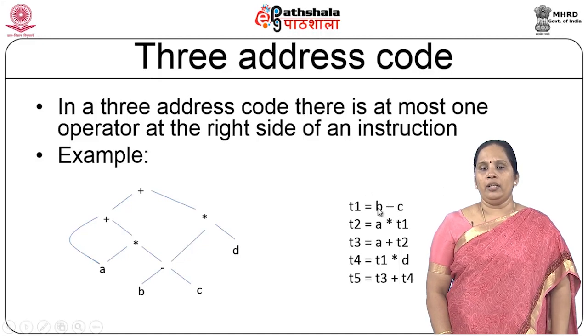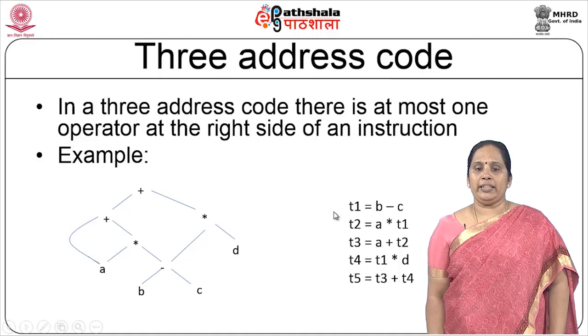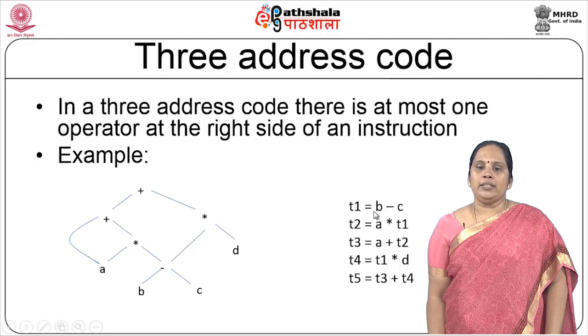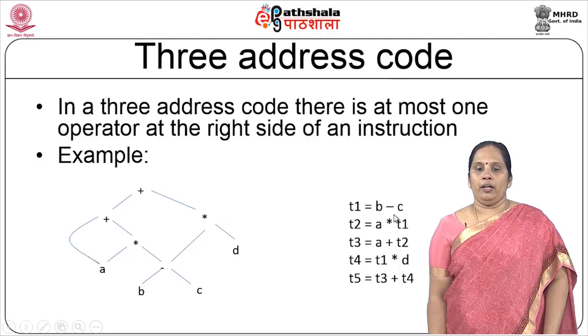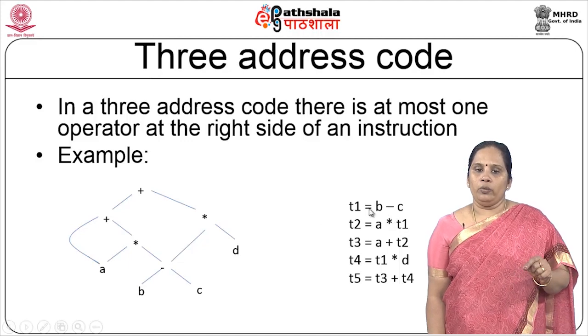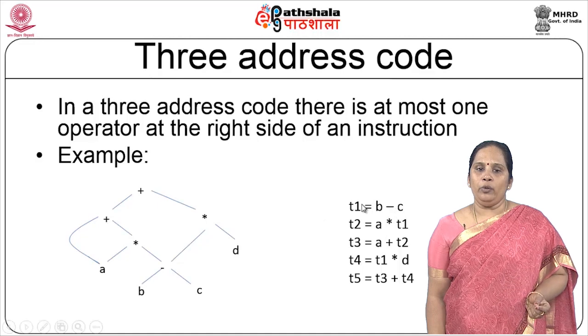For example, take the case b minus c, and here I am assigning it to t1. So t1, t2, t3, t4 all refer to temporary variables. b is a variable, c is a variable, b and c are looked up at a particular address, and you compute b minus c and assign it to t1.